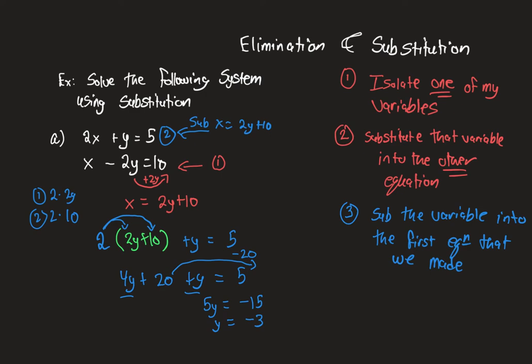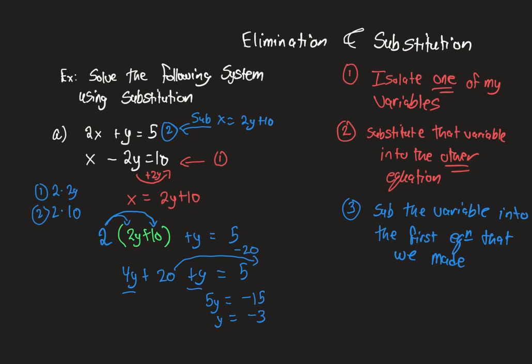When I say the first equation we made, I'm talking about this equation. Remember, we first made this equation, x is equal to 2y plus 10, not minus. Apologies. And I now know that y is negative 3.